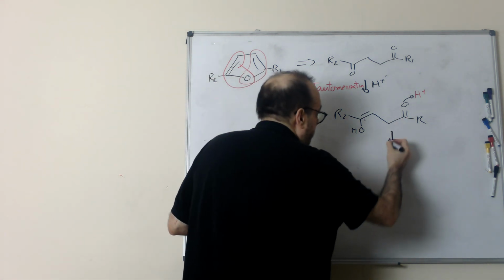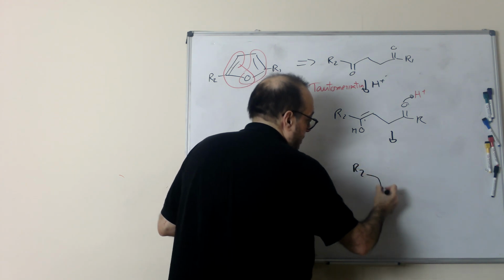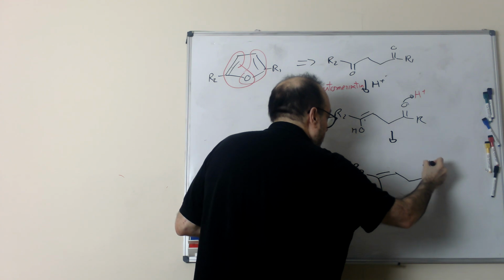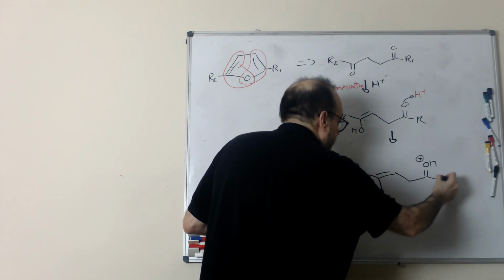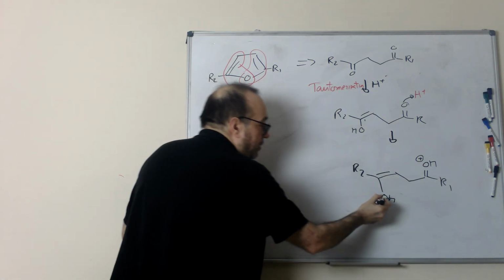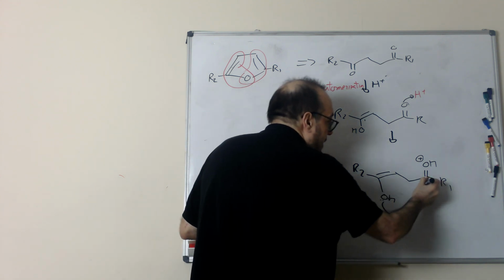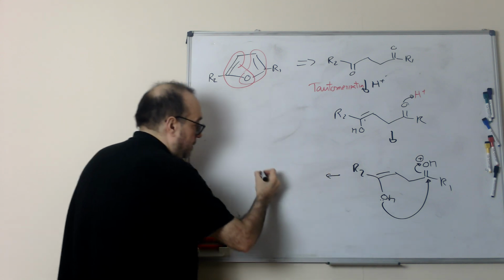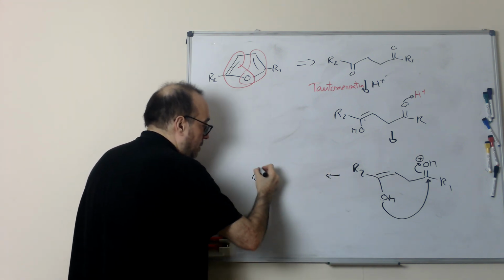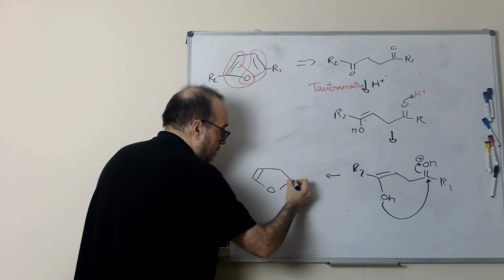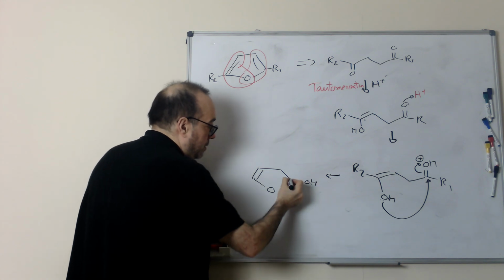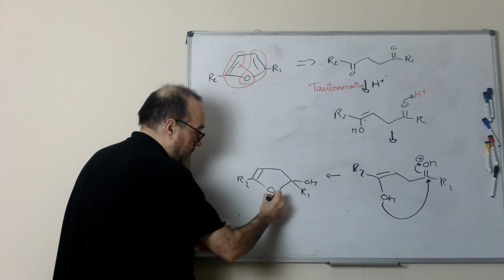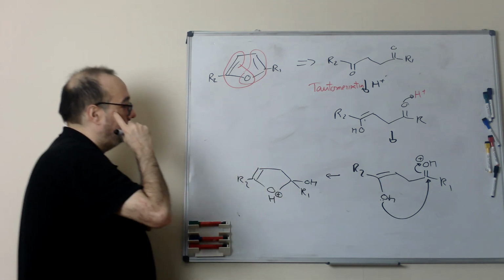We activate this position, and what we get is this. And now the pair of electrons of the alcohol will attack here, and we will form this intermediate.